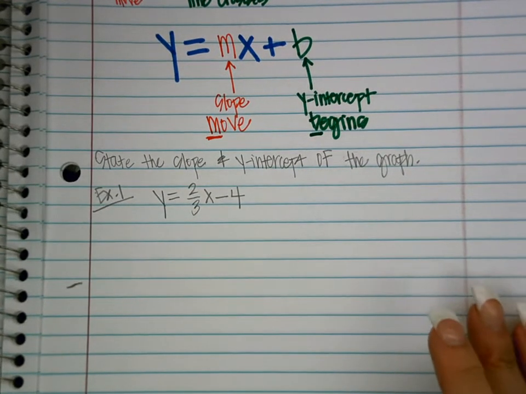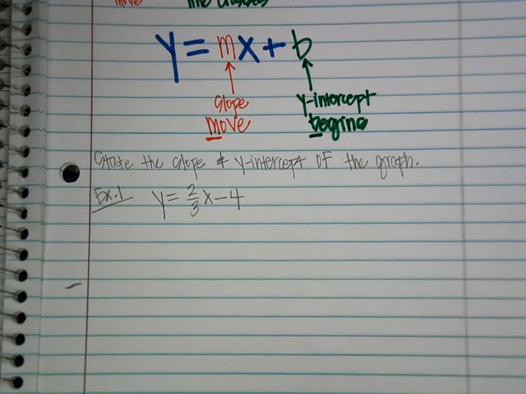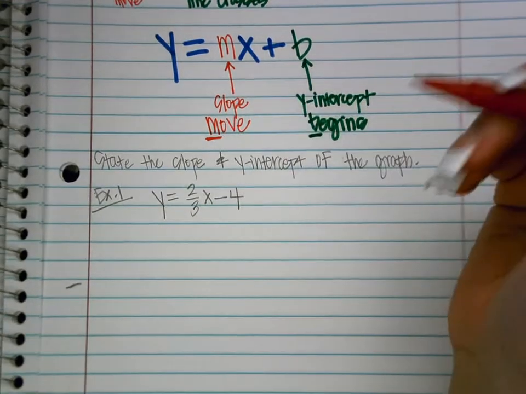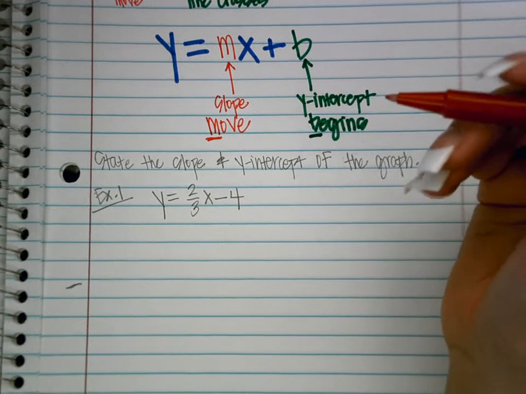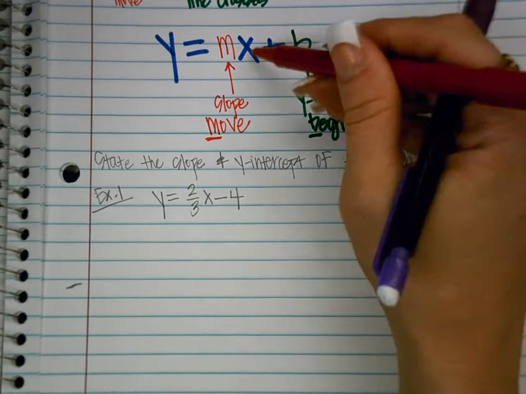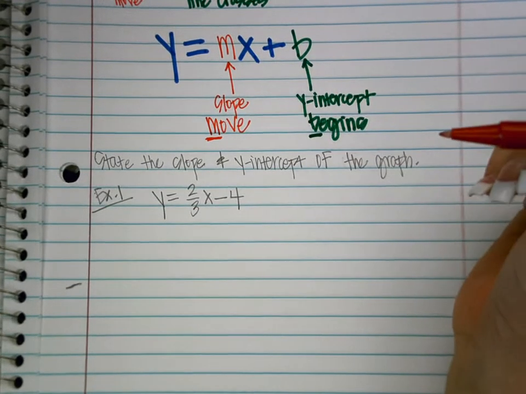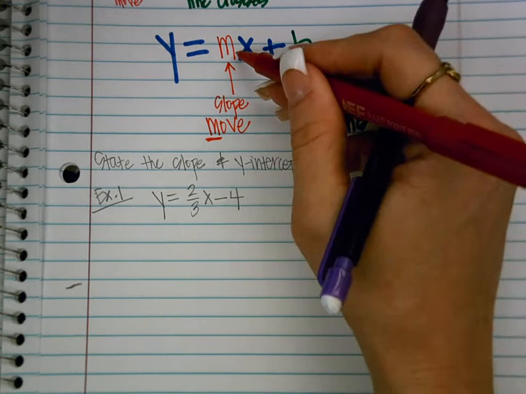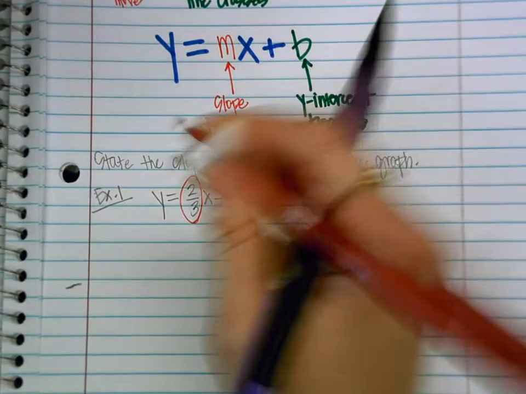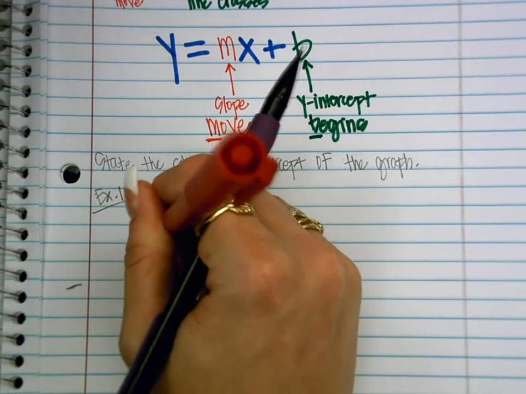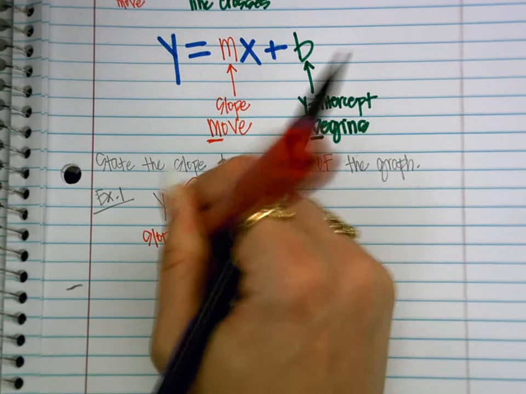What do you think is the slope in this line, and how can you tell? The 2/3. How do you know that's the slope? Because it's in that spot. The slope is always the number attached to the x. It's where the m goes. So the slope equals 2/3.